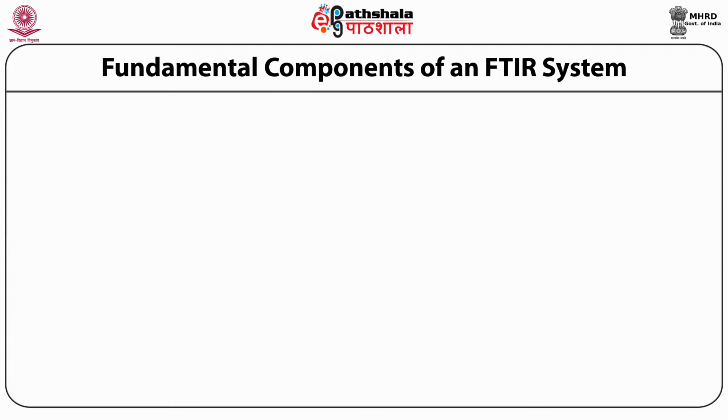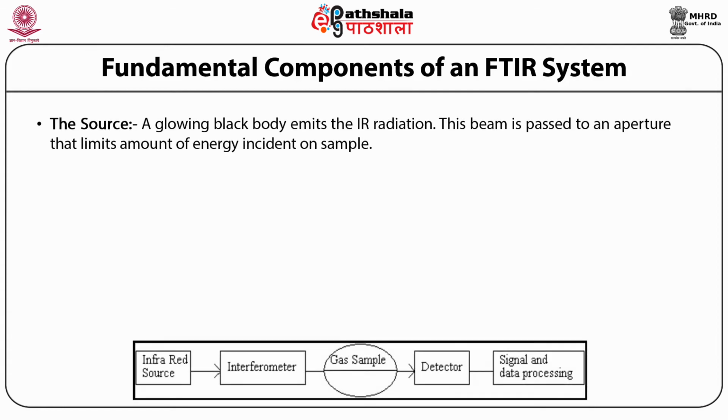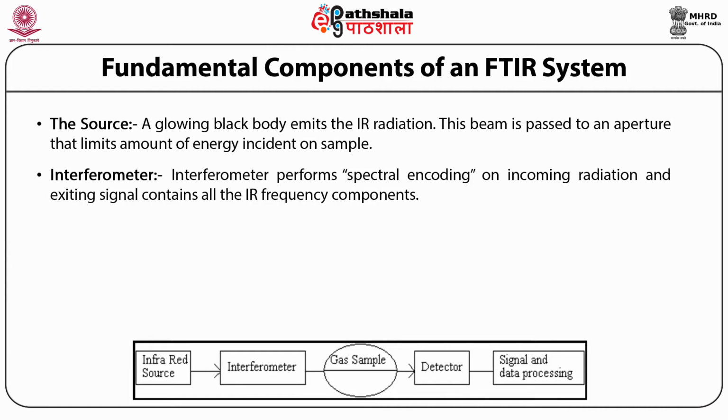Students, now let us see the fundamental components of an FTIR system. First, the source. A glowing black body emits the IR radiation. This beam is passed to an aperture that limits the amount of energy incident on the sample. Second is the interferometer.